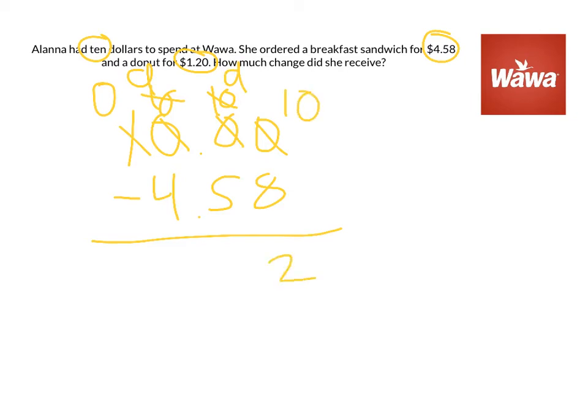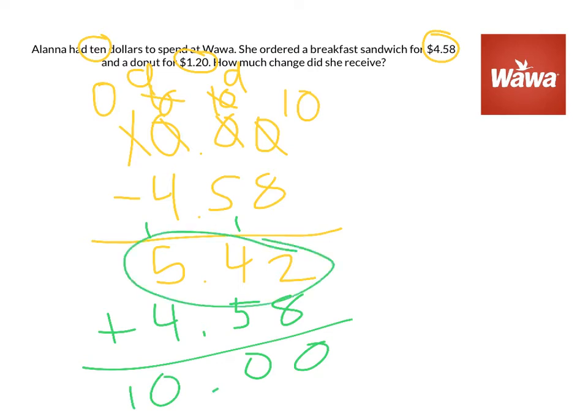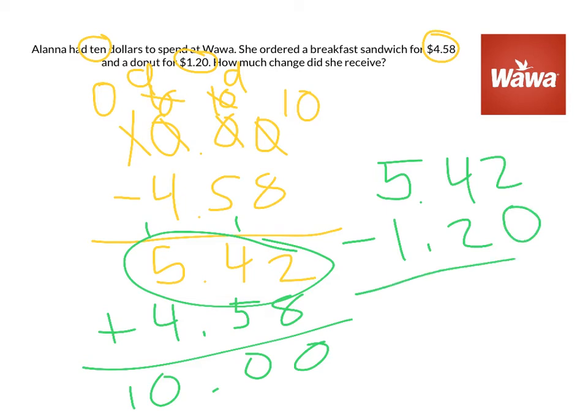And so I'm going to have 2 there, I'm going to have 4 and 5. I'm going to add to check that. And now I take my 5.42 and I subtract out 1.20, and I end up with 4.22.